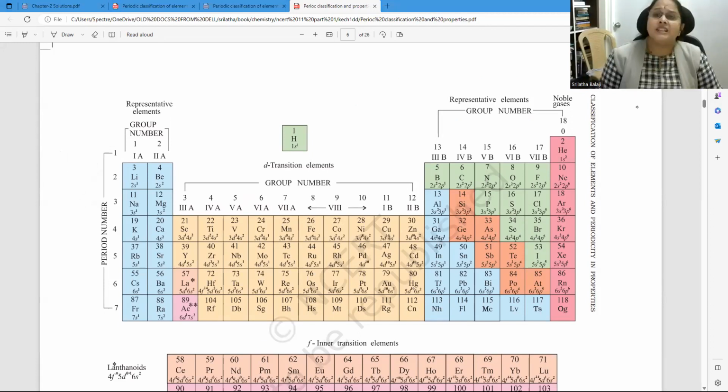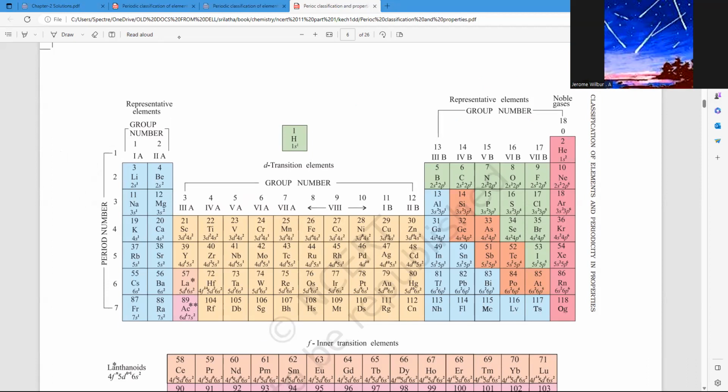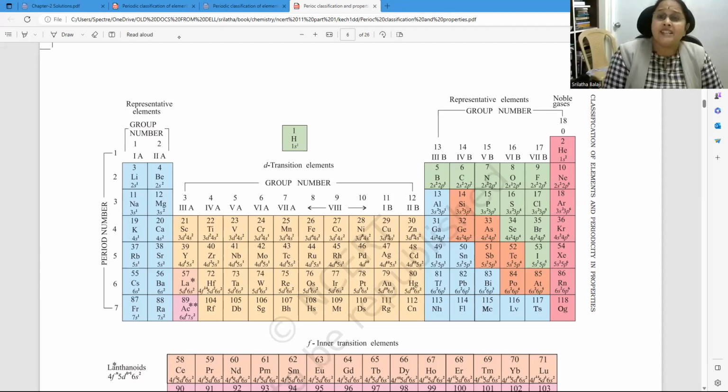Elements are classified into how many periods and how many groups? 7 periods, 18 groups. Yes. What you need to know is, if I tell you an element with atomic number 25, you should be in a position to tell me which period, which group. That is the mastery needed. It's not as simple as anything.